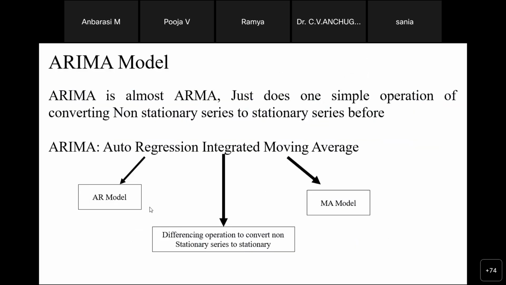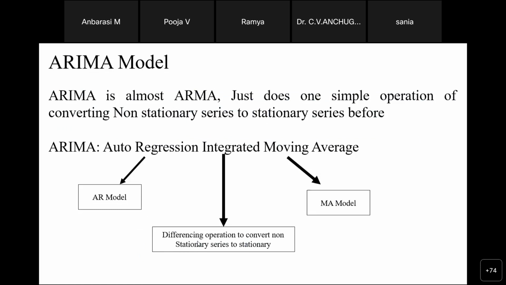The next one is the ARIMA model. This is similar to the ARMA model, with a slight variation. Here we have I, which stands for integration. Integration is the differencing operation to convert a non-stationary series to a stationary series.